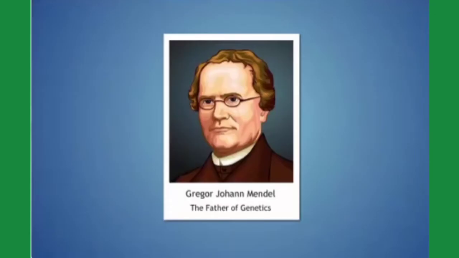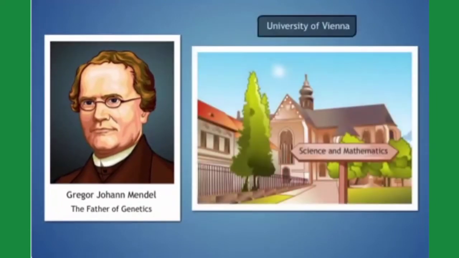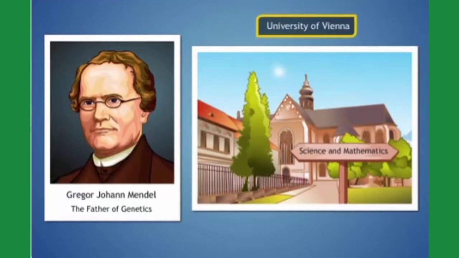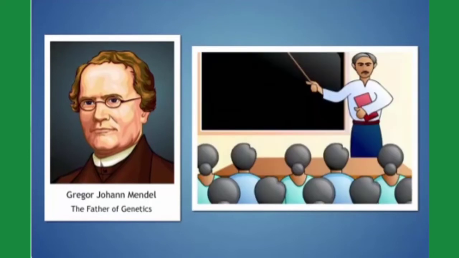Did you know that Mendel was educated in a monastery and studied science and mathematics at the University of Vienna? He wanted to be a teacher, but he failed the teaching examination. However, he did not lose hope.